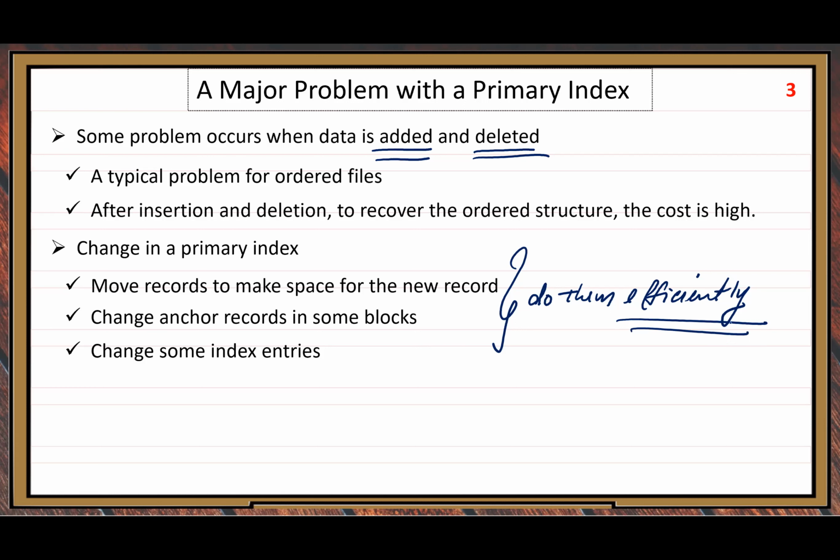Here, I need to provide you some real sense. How do we do it efficiently? Because it will relate to how to store the primary index file.